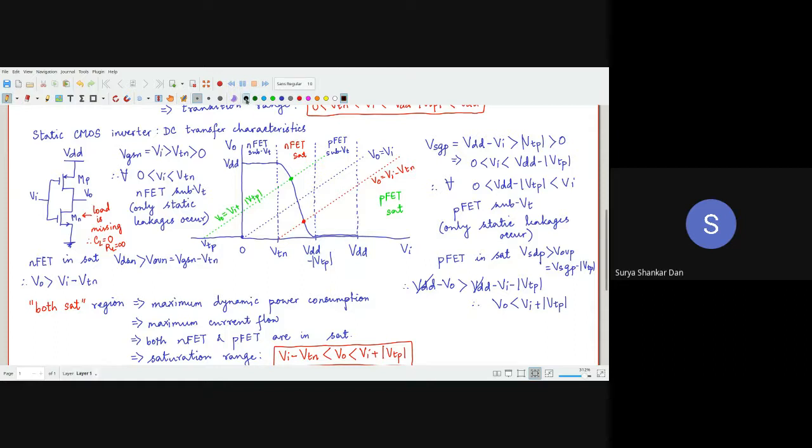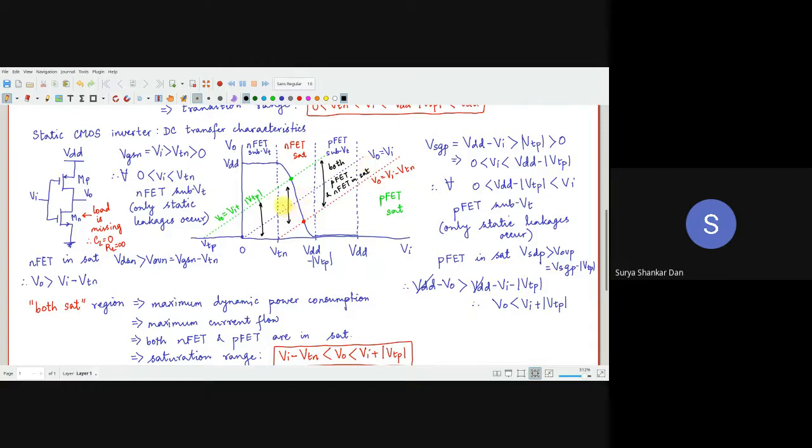So between this range, both PFET and NFET are in saturation. Makes sense?